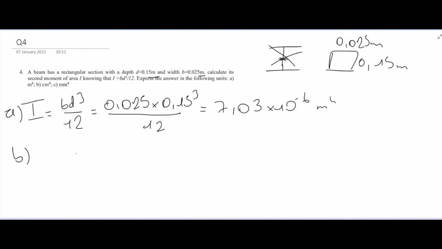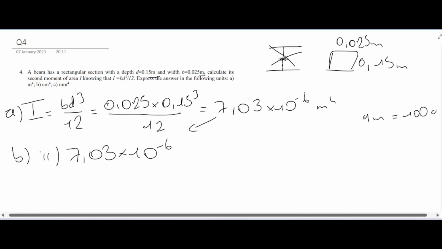Now we want this result in centimeters to the power 4, so we're going to use the second method. So that's going to be 7.03 times 10 power minus 6, which is the answer we got here. And we know that 1 meter is equal to 100 centimeters, or 10 power 2 centimeters.